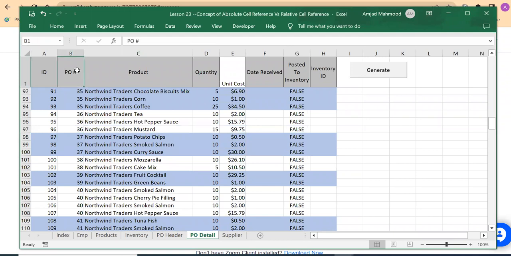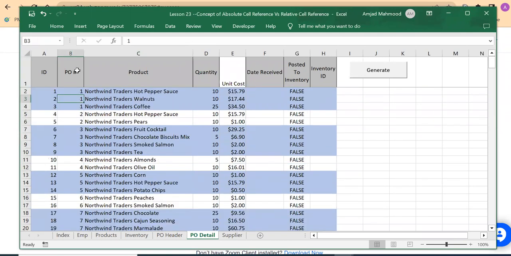In the conditional formatting, we wrote the formula something like this: the integer, then $B2, that is an absolute address. And if we don't use the $ sign, it is called a relative cell address.